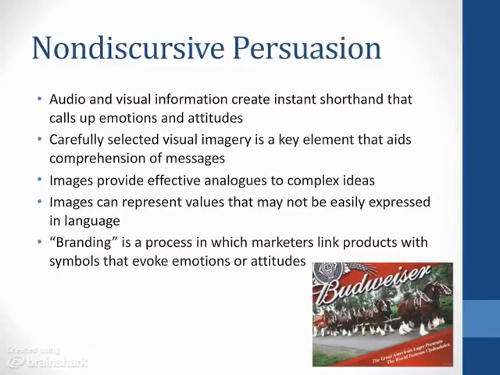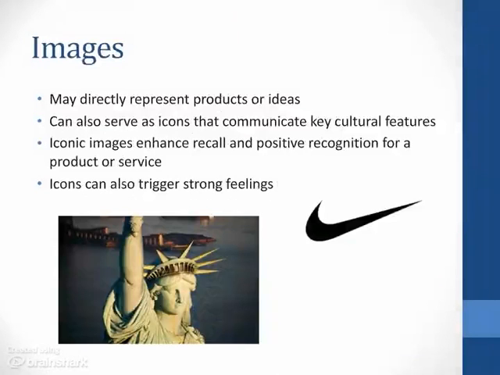What is branding? It's a process in which marketers link their products with symbols that evoke emotions or attitudes. Often these symbols directly represent products or ideas, but just as often you'll find that images serve as kind of icons that give us clues about key cultural features. Some kinds of images really call up a strong emotional component.